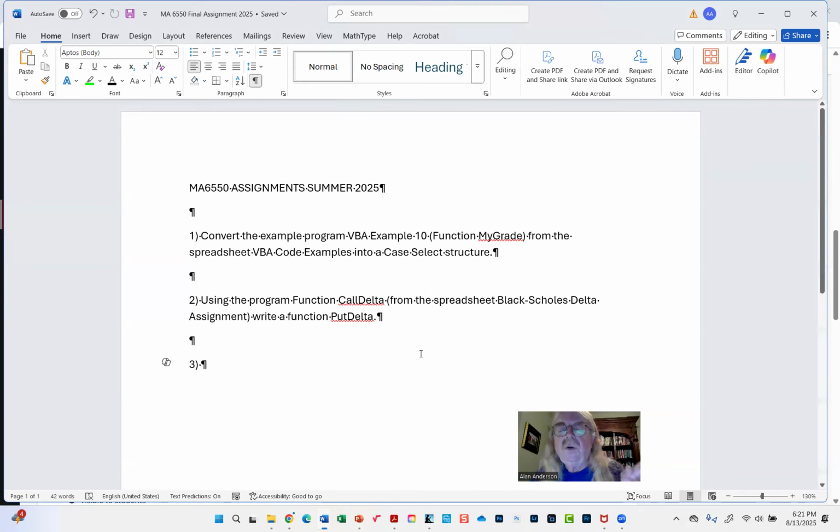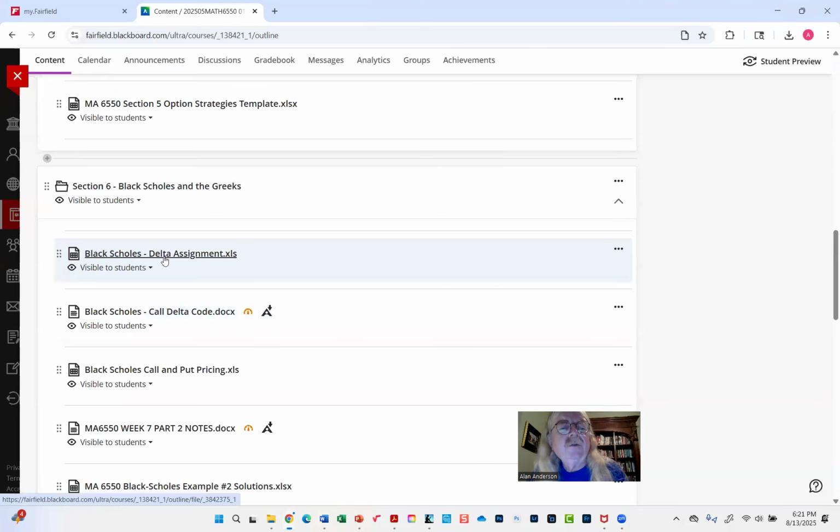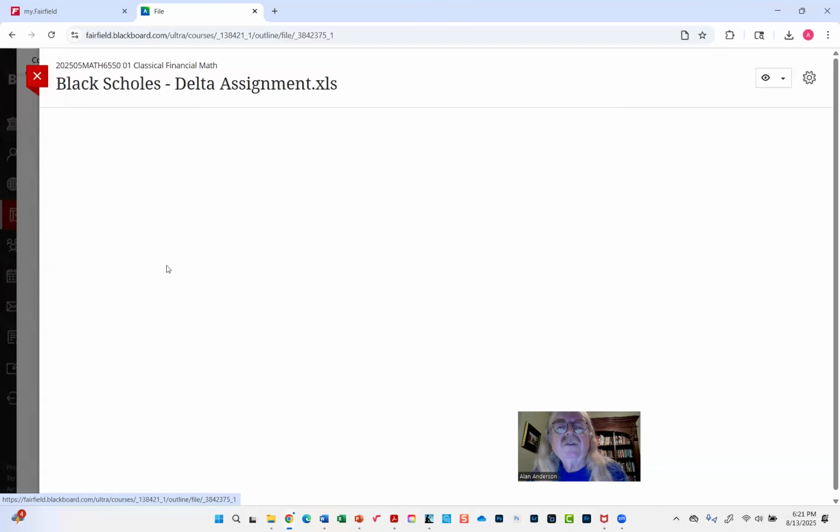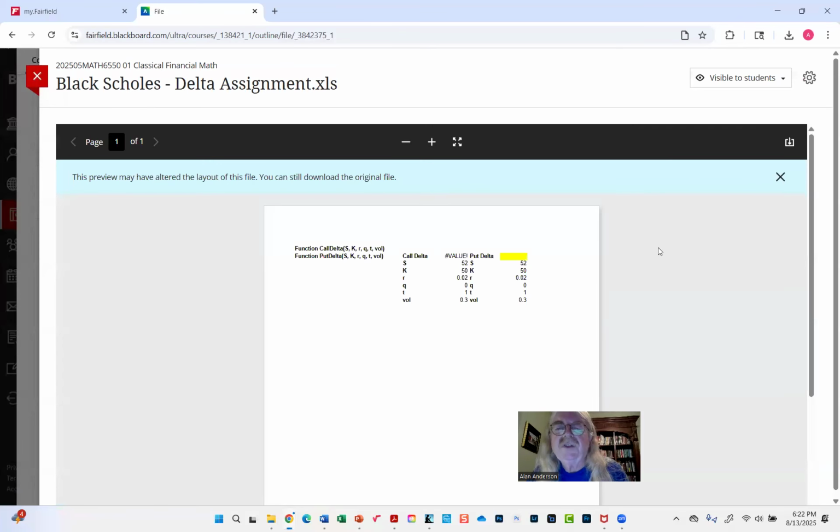The call part, you can execute the call. And by the way, even if it doesn't let you look at the VBA code, it'll still let you look at the spreadsheet and show you what it looks like.